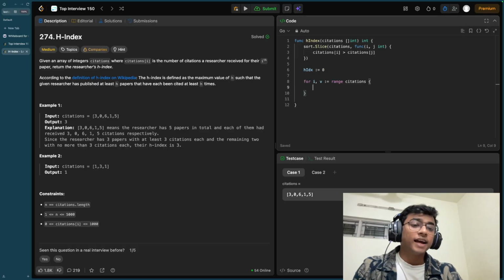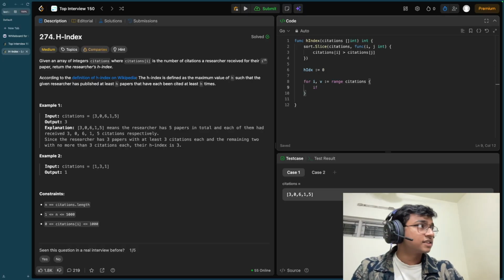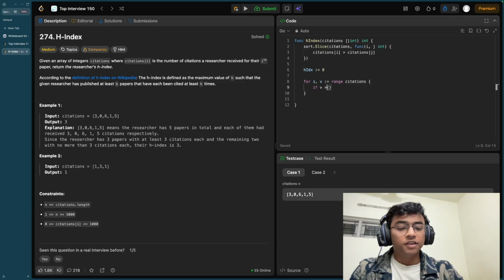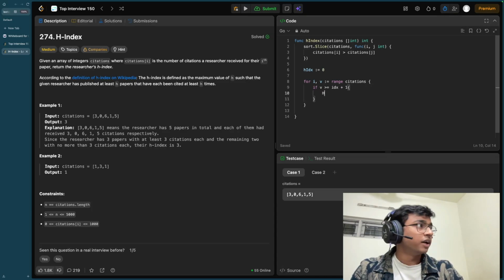We're going to update the h index if that particular index plus 1 is less than or equal to the value. So basically, let's just write it this way, that will make more sense. Value should be greater than or equal to index plus 1. And if that's the case, we are going to update our h index to be index plus 1. And if that's not the case, we are going to break the loop. And finally, we are going to return the h index. So this should just work.